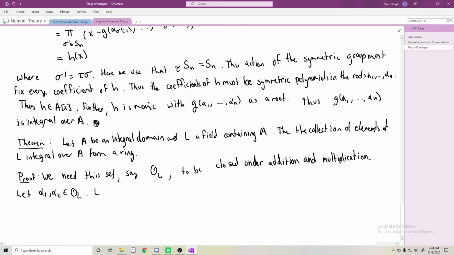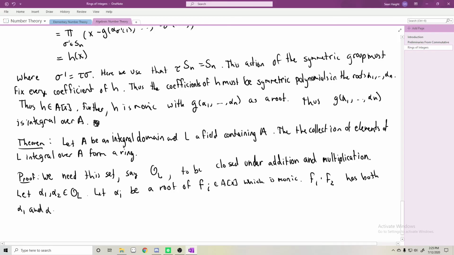Let's say let alpha i be a root of f_i, which is monic. Then their product f1 times f2 has both alpha 1 and alpha 2 as a root.